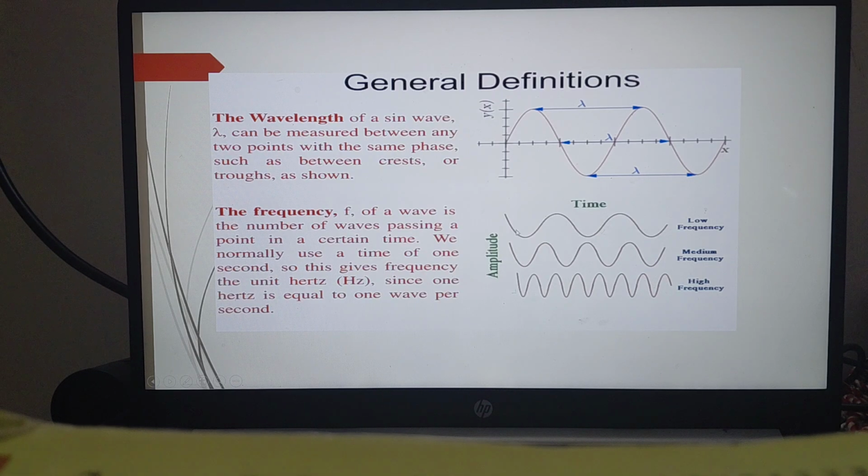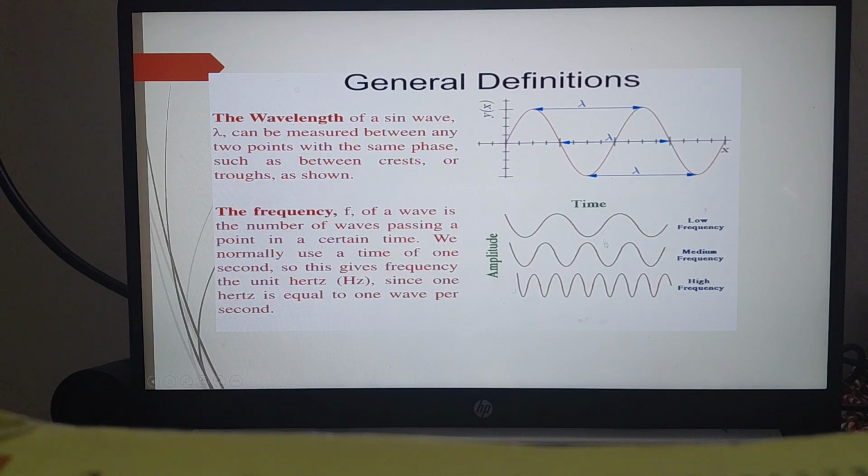Here in the diagram we can observe the amplitude and here it will be the time. There are waves traveling with low frequency, waves traveling with medium frequency, and waves traveling with high frequency.